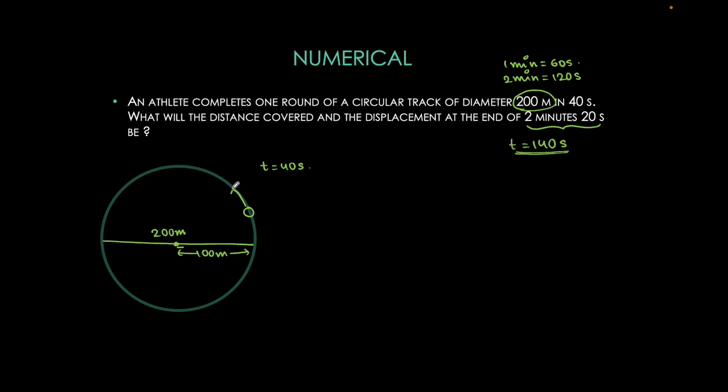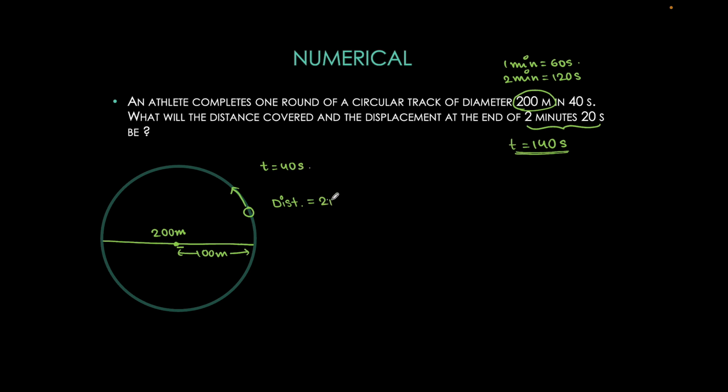a circular track, its track length will be equal to the circumference of the circle. So what will be the distance traveled in 40 seconds? Because it is told that for the athlete to complete one round, it takes 40 seconds. So in 40 seconds, what is the distance covered?